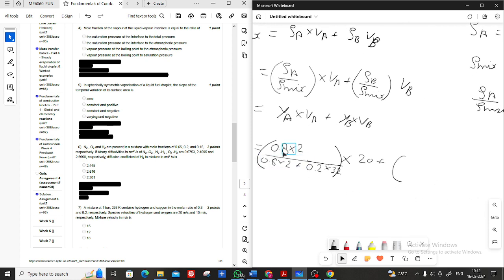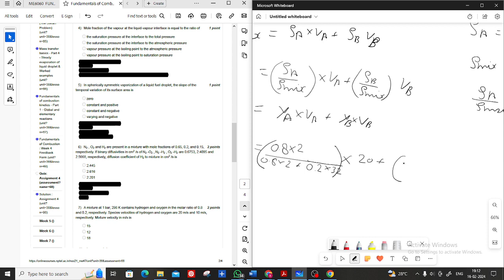See here, this mole fraction is 0.8. So if hydrogen is having the mole fraction of 0.8, what is the mole fraction of oxygen? There are two species.